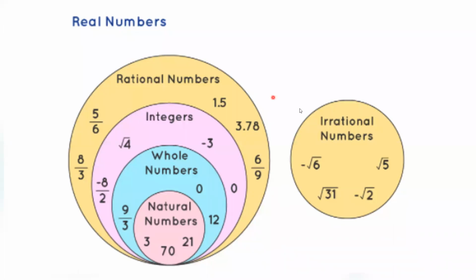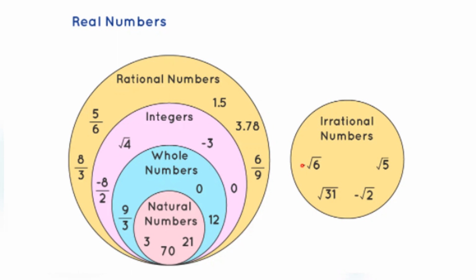Now, irrational numbers are numbers that cannot be written in the form of a/b, such as square root of 5, negative square root of 2, square root of 31, negative square root of 6. Later on, I will explain it more and more.